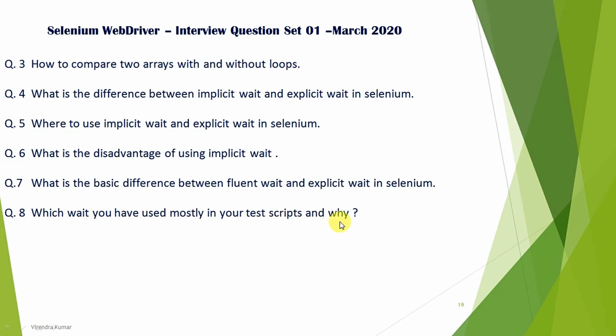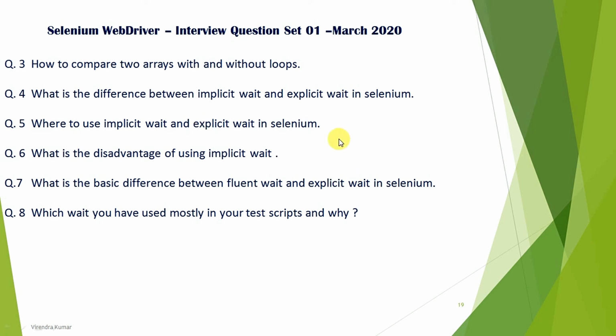This question is for experienced people, and they should know where they have used these waits in their test script. And along with that, they will definitely ask you the syntax. So in this set you can prepare what the waits in Selenium are, and you should know the differences, the common things between the waits, and the logical importance of these waits, like where to use them and how to use them in Selenium, and you should remember the syntax of these waits.